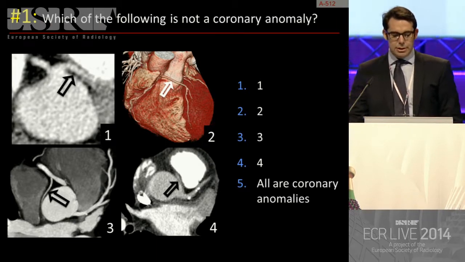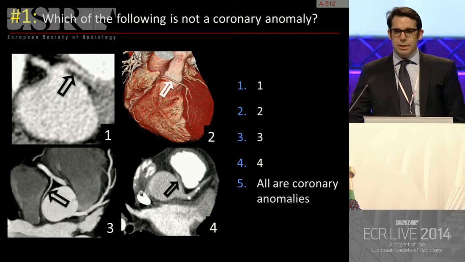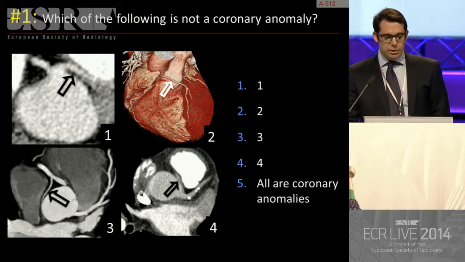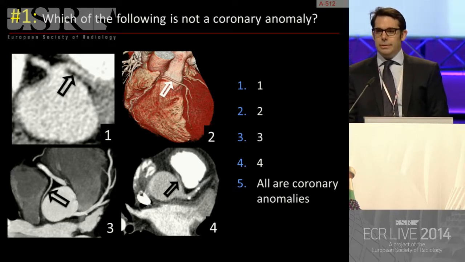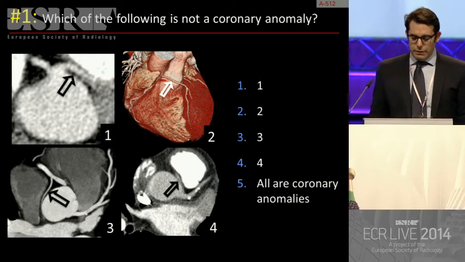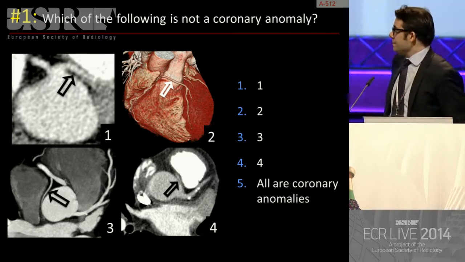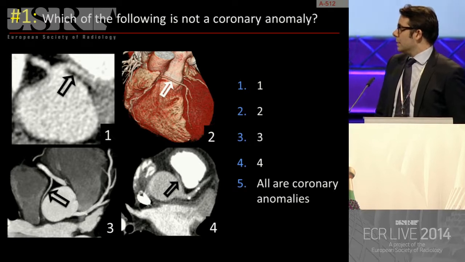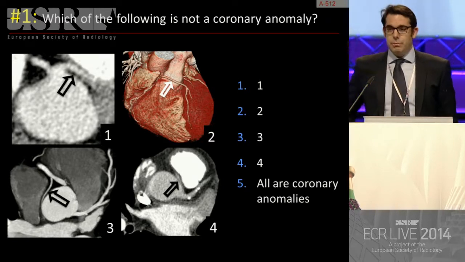This is the first case. It's regarding the anatomy. I'm just asking an easy question here: which of the following is not a coronary anomaly? So you have number 1, 2, 3, 4, and the 5 is all are coronary anomalies. So please, you can vote.